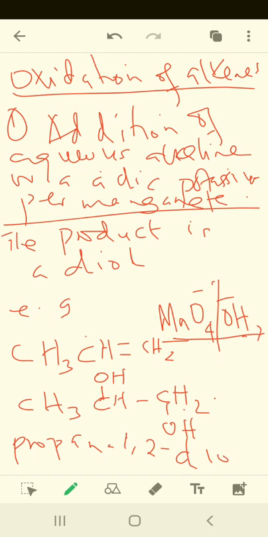Propane 1,2-diol is the name of that compound. Don't be confused. The manganate ion is representing potassium permanganate. If you want, instead of this manganate ion, you can write potassium permanganate. It is still okay.